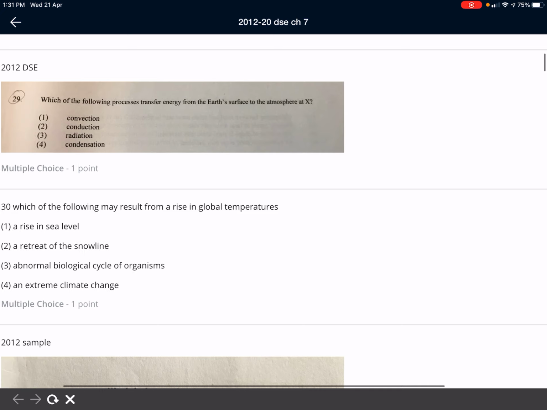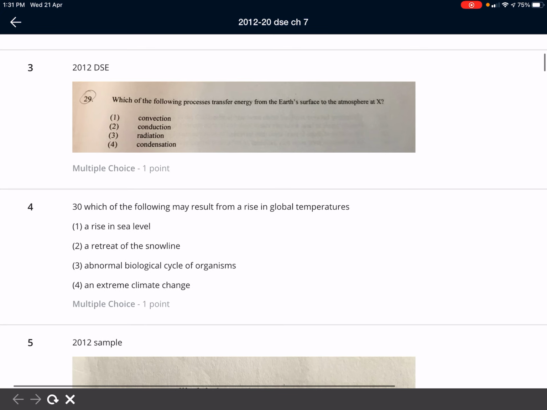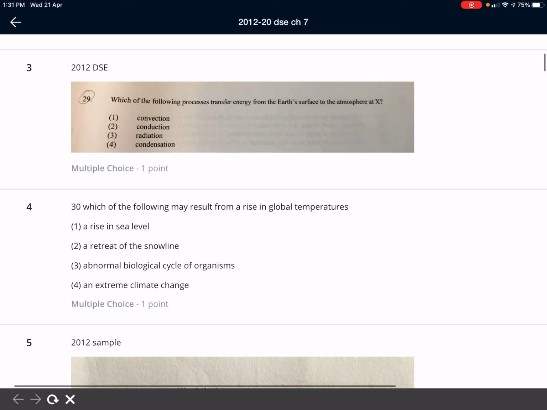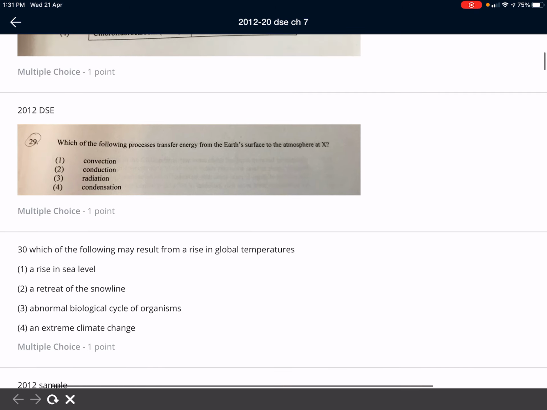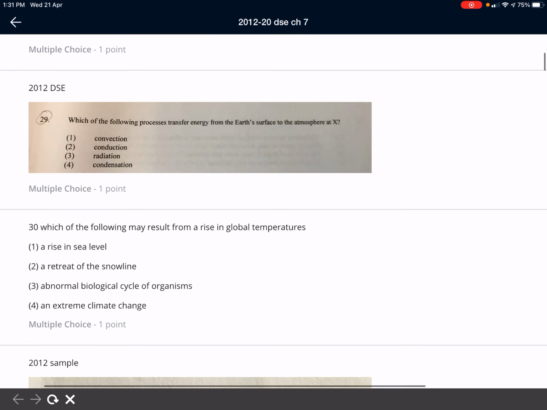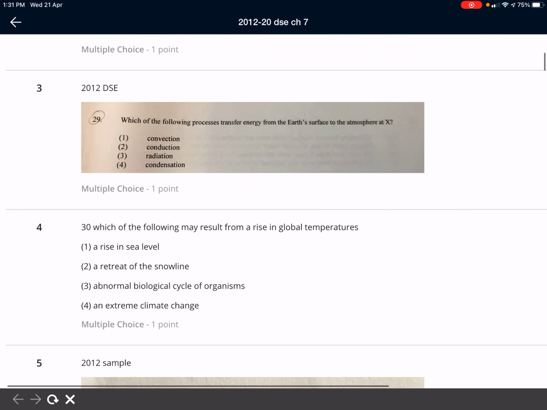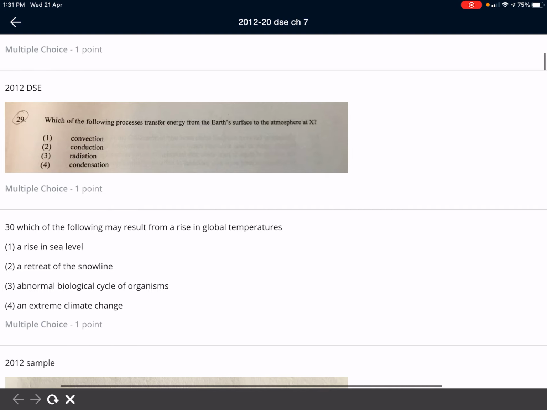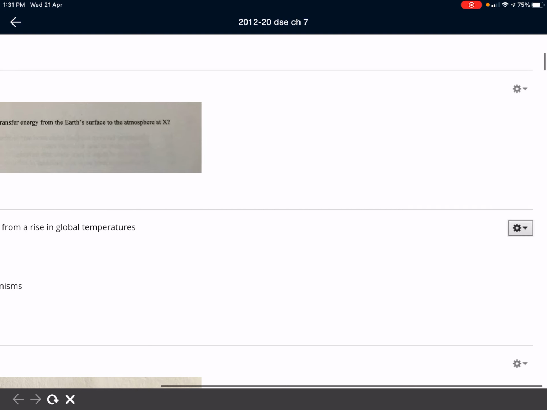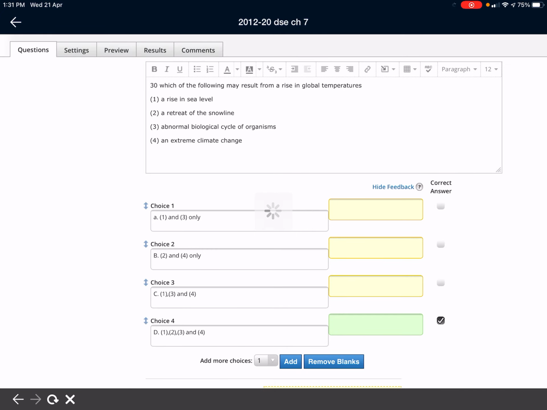And then number 4, just like maybe the pattern of the migratory birds or those butterflies you have learned. The butterfly flies 1,000 km away every year to lay their eggs and then comes back the other way round. Okay, and extreme climate change, just like El Nino and La Nina. So accordingly, 1, 2, 3, 4 are all correct.